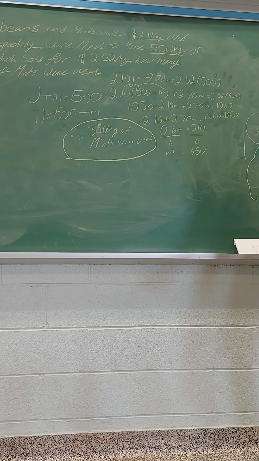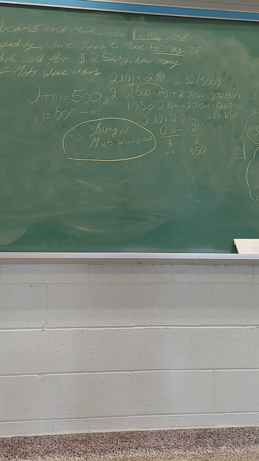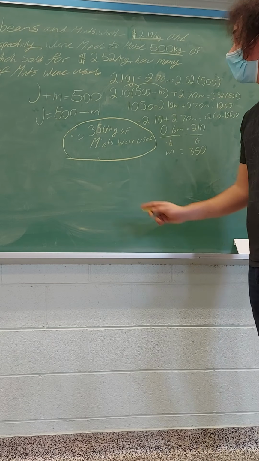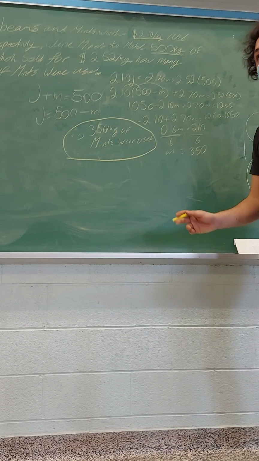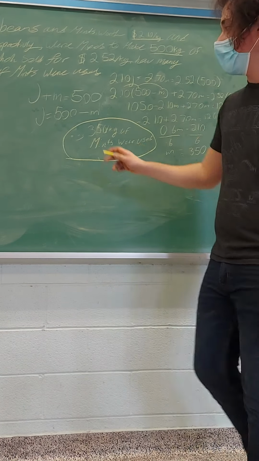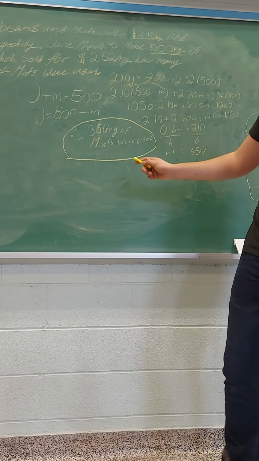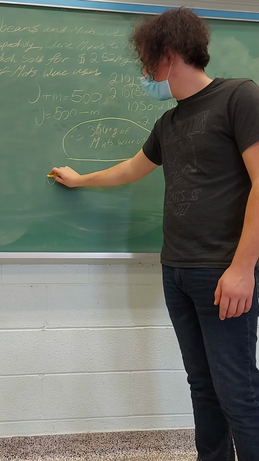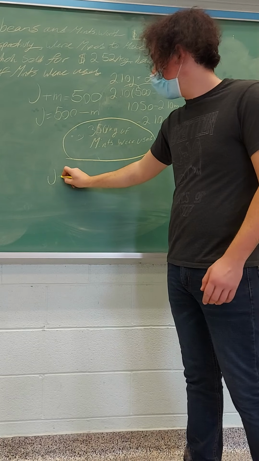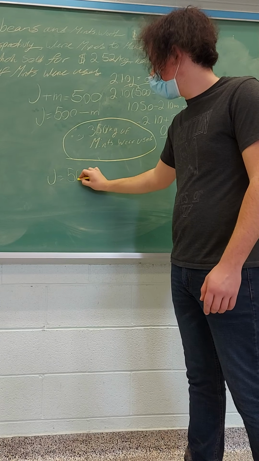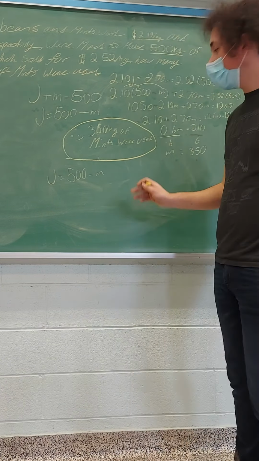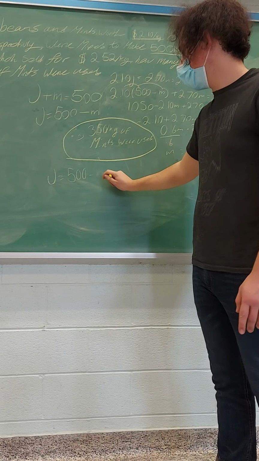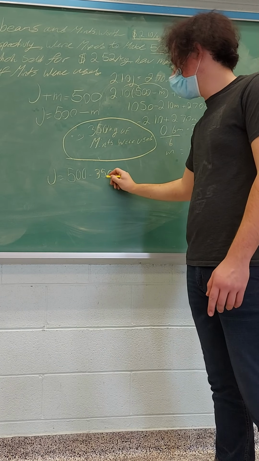Again, sorry for my lackluster writing, but the answer to the question would be 350. A good way to check is to find the amount for J: J equals 500 minus M, and we know M is 350.